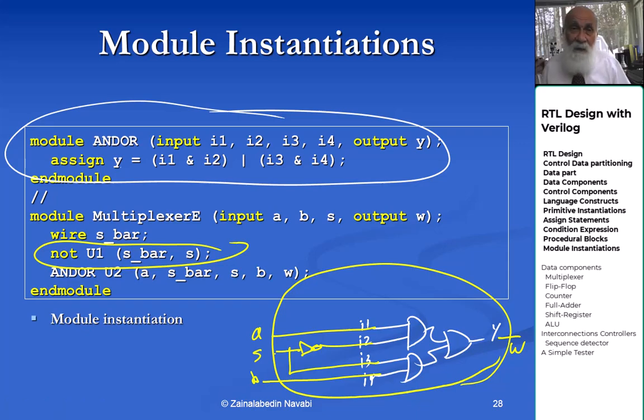Okay, what did I do which is different than before? Well, before I described the multiplexer using its assign statement, using an always statement, using something like that. But now what I'm doing is I'm describing this multiplexer in terms of some existing modules that I have already perhaps developed, and this is called module instantiation. So that's still another way of describing hardware.